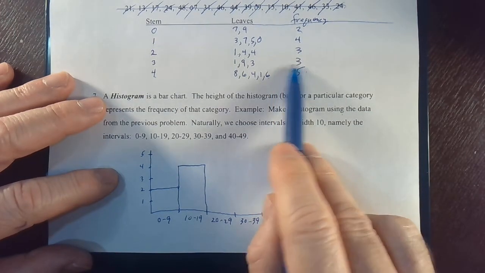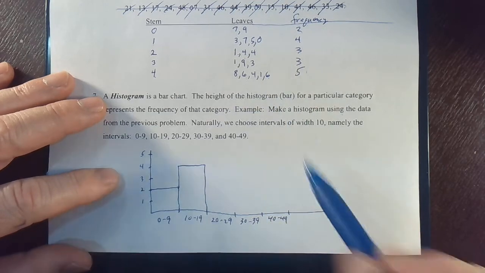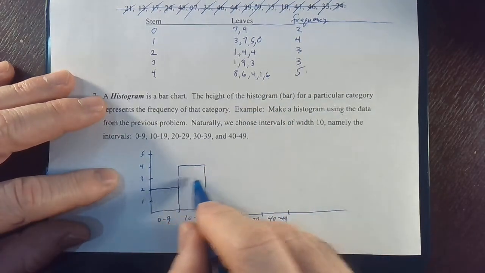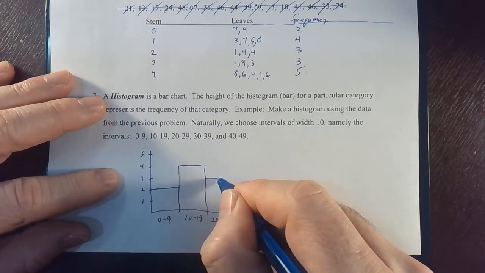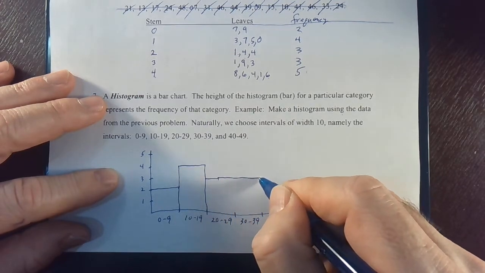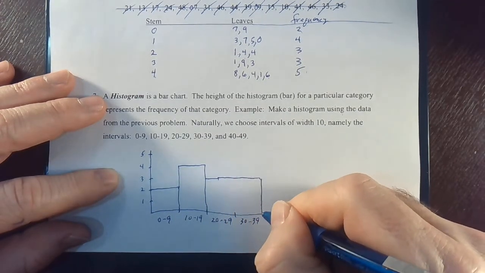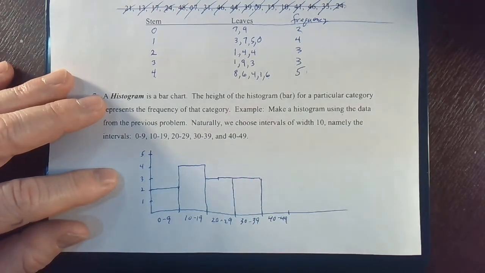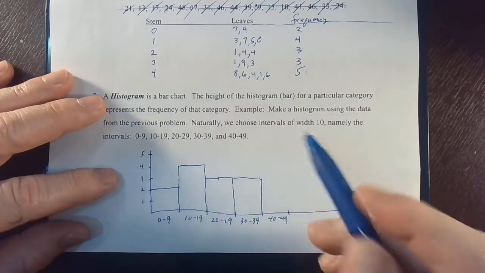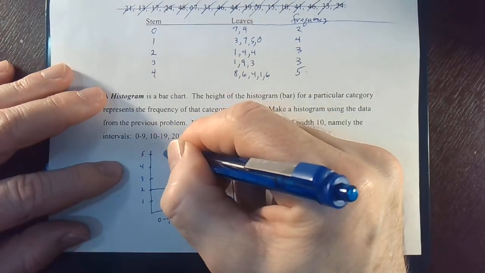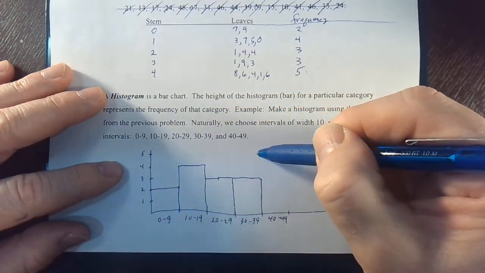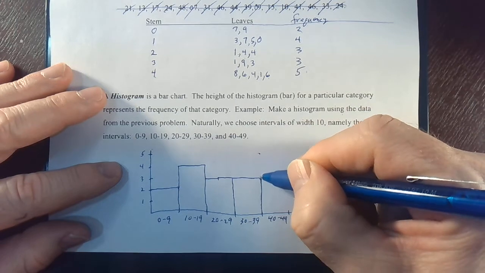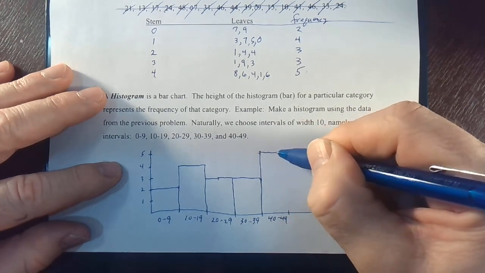I actually notice that the next one, 30 to 39, is also a height of 3. So 3 is about right here. I'm going to go all the way across, 2 intervals, and then separate them right there. And the last one has a height of 5. That's the tallest one. So a height of 5. So we'll go up like this.